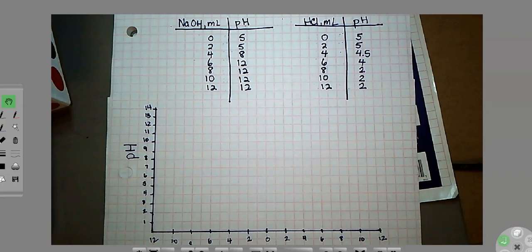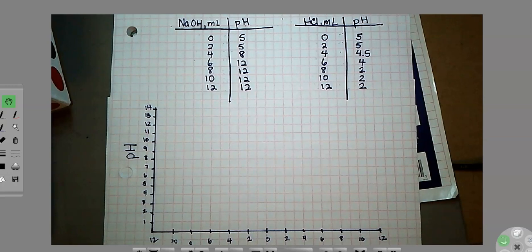There are some buffers that will maintain the pH at a broader range, like say between 5 and 8, or like 4 and 5. The buffers in our stomach will maintain the pH at about 2 to 3. So buffers have different buffering ranges, and that's the range in which it'll keep the pH somewhat stable.